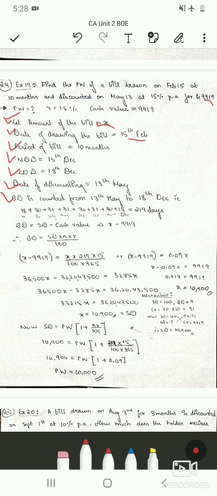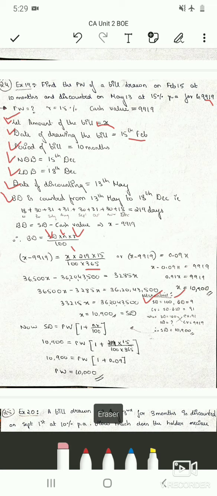Or else what you can do, assume sum due to be 100 rupees. Then what will be the banker's discount? It will be 9. Why 9? Because in this formula, sum due is 100, n is known 219, r is 15, and divided by, sorry, it is into 365.